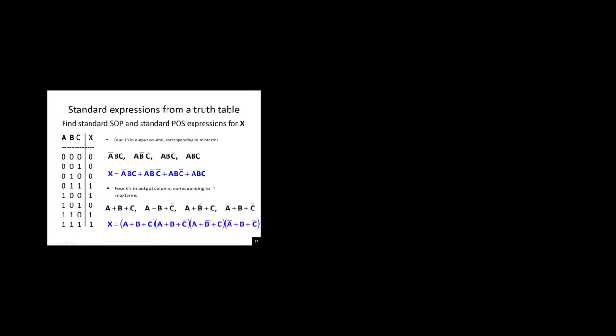And by definition, if you look at this equation, this x is 1 only for these combinations of inputs and 0 for all other combinations of inputs. So by definition of standard sum of products and product of sums, these expressions correspond exactly to this value of x for all possible combinations of inputs. Any other questions? All right, so that was a quick review of standard sum of products, standard product of sums.